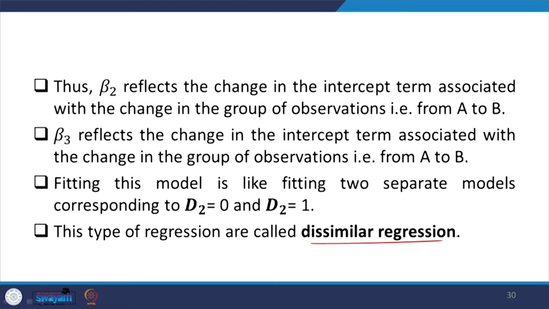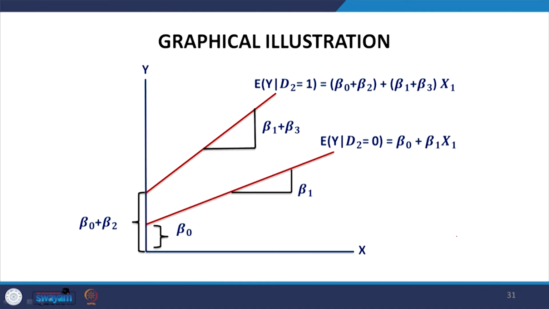Beta 2 reflects the change in the intercept term associated with the change in the group of observations. Beta 3 reflects the change in the slope associated with the change in the group of observations from A to B. So fitting this model is like fitting two separate models corresponding to d2 equal to 0 and d2 equal to 1, and therefore we end up with dissimilar trend lines, which is why it is called dissimilar regression.